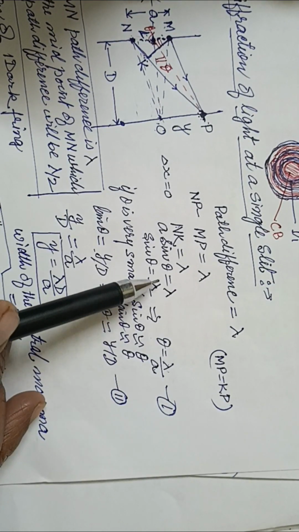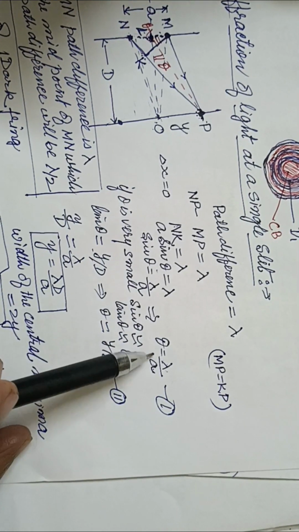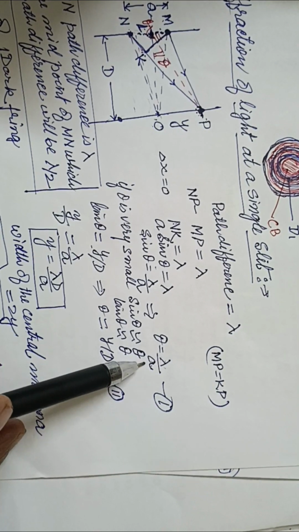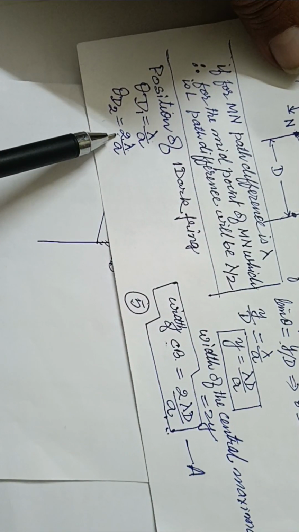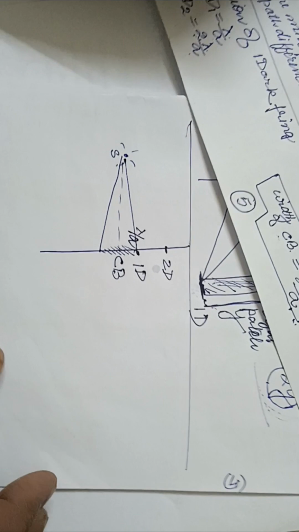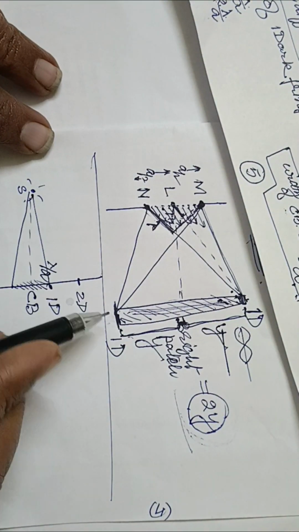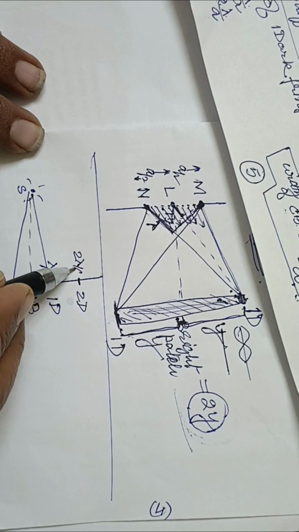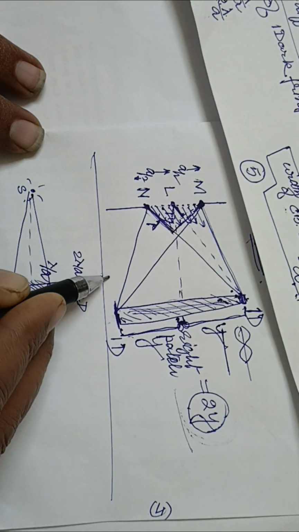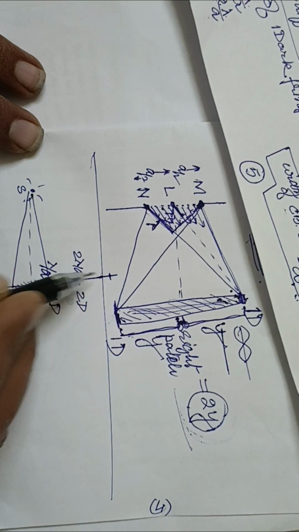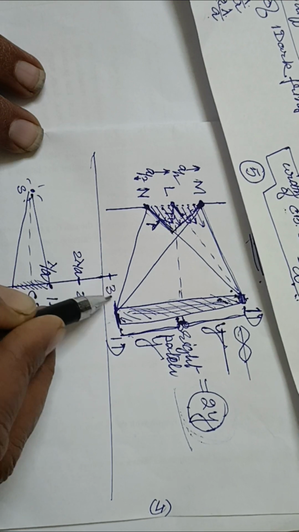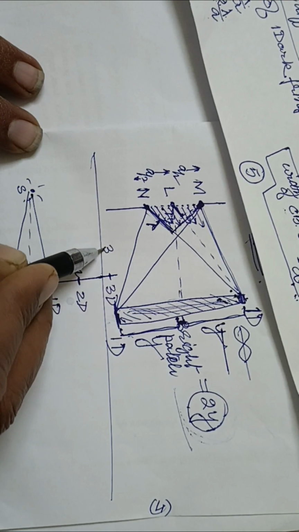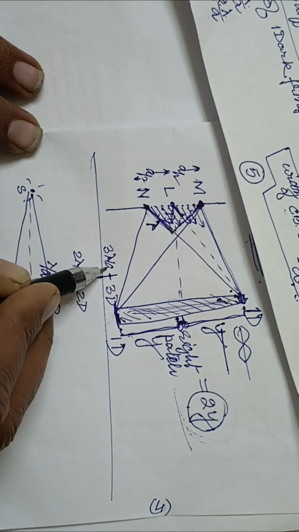You all have seen it. The second you will get at 2 lambda by a. Then the third dark that you will get over here is at 3 lambda by a.